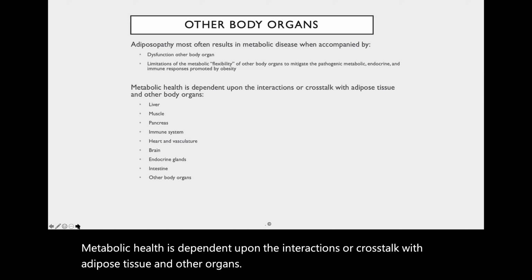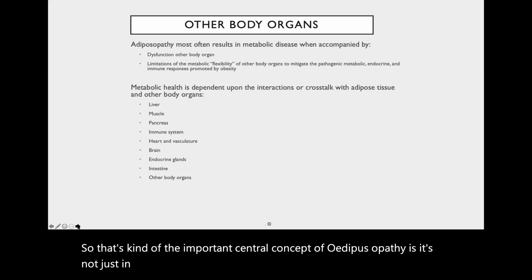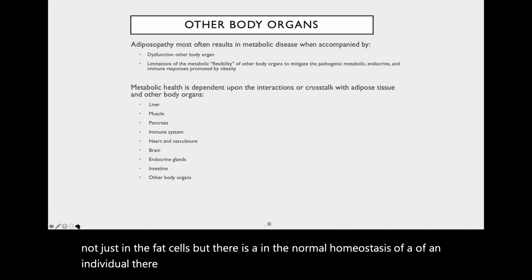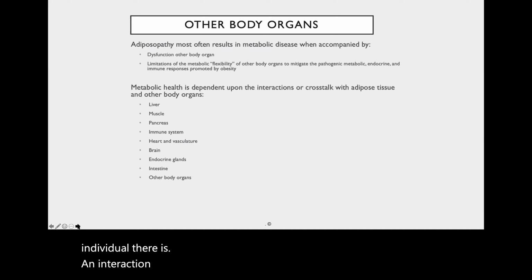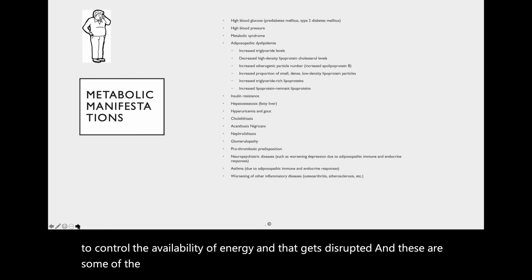So that's kind of the important central concept of adiposopathy. It's not just in the fat cells, but in the normal homeostasis of an individual, there is an interaction that happens between the fat cells and the other tissue cells to control the availability of energy, and that gets disrupted. And these are some of the consequences of that.